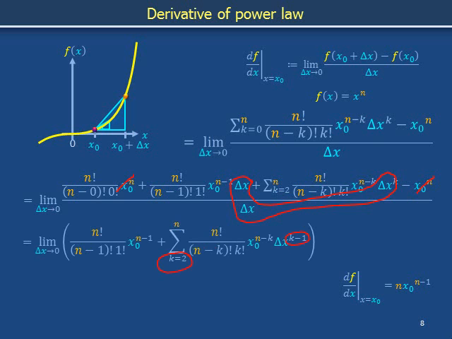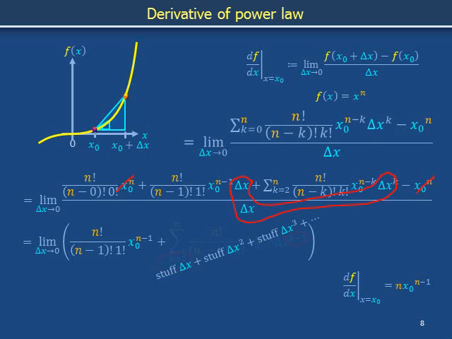Because this sum starts from k equals 2, and the power on delta x is k minus 1, the powers of delta x that will appear, of course with additional coefficients, are delta x, the square of delta x, the cube of delta x, and so on as necessary to reach the n minus first power of delta x.